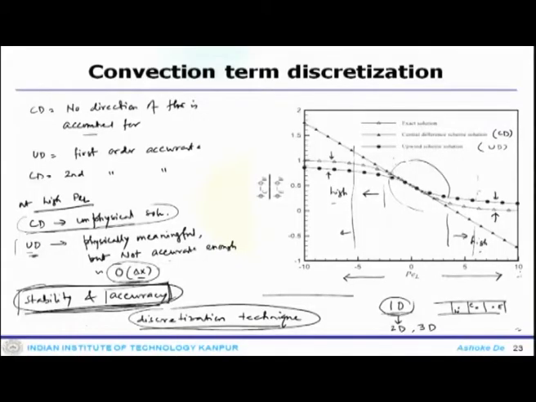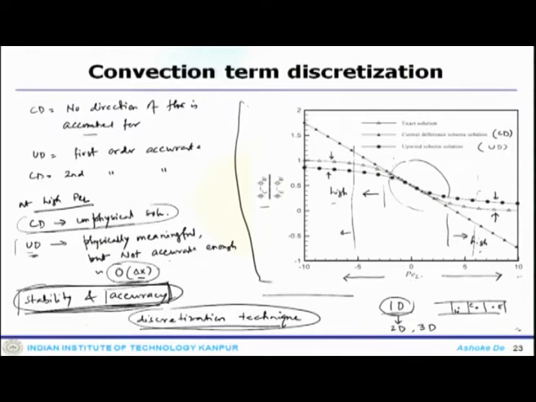If you recall from the last lecture, this is where we stopped, and we have seen this particular figure, which shows the profile of the scalar against the varying Peclet number.